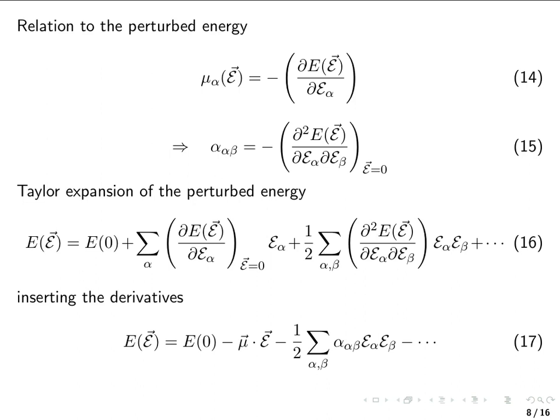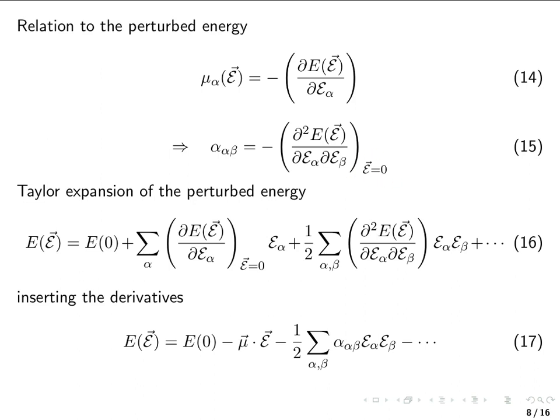We had, as one of the ways of defining a dipole moment, defined it as the derivative of the energy of a molecule in the presence of the electric field with respect to the corresponding component of the electric field, with a minus sign. Then one can derive or show that we can also alternatively define the polarizability as the second derivative of the energy, now with respect to two components of the electric field, still with the minus sign, and we have to evaluate it at zero field strength.